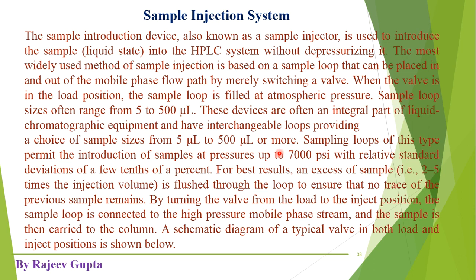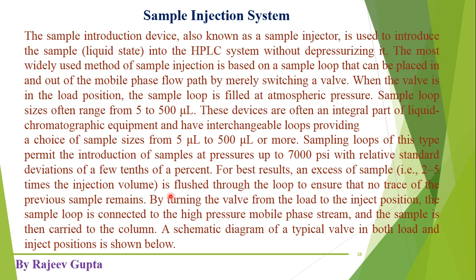The loop feels this high pressure, but only a small deviation should be present, which is somewhat different compared to the mobile phase mainstream pressure. So that difference or deviation should be very low.